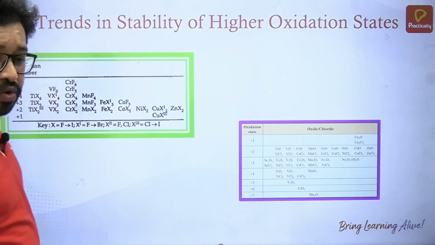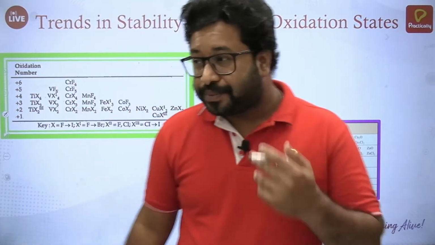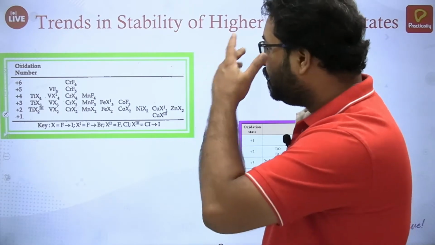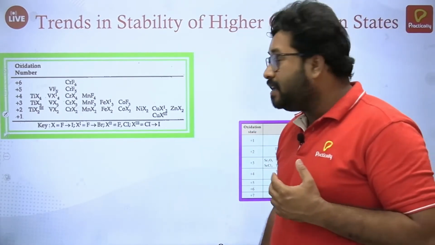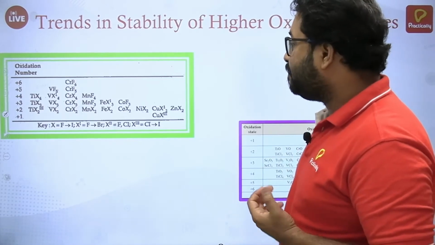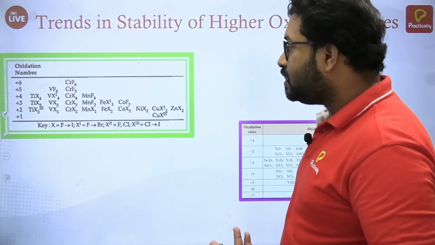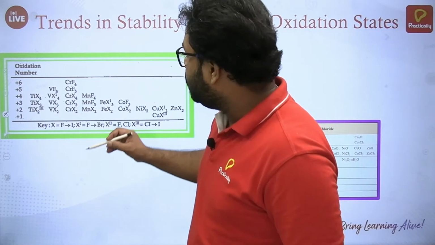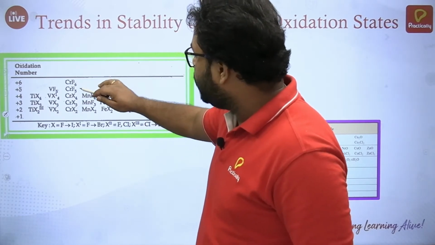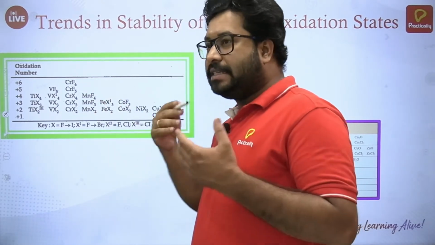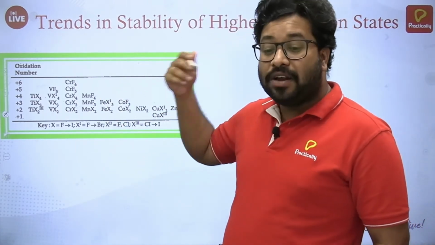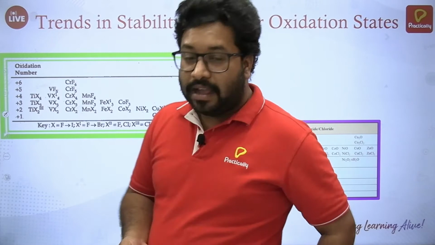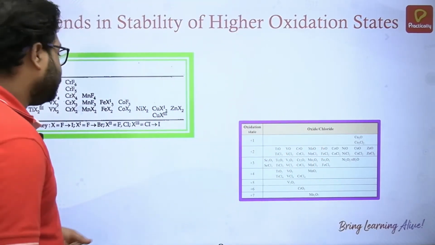So as I told you earlier also, elements tend to form higher oxidation states only with oxygen. Okay, as far as halogens are concerned, you can see here chromium is forming 6 bonds with fluorine. Chromium is able to form 2, 3, 4, 5, 6 bonds with the halogen. The halogen is what? Halogen is fluorine here, right?